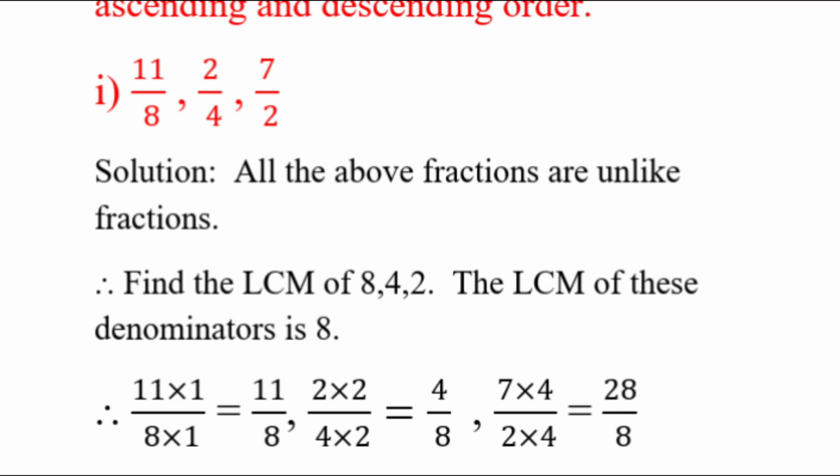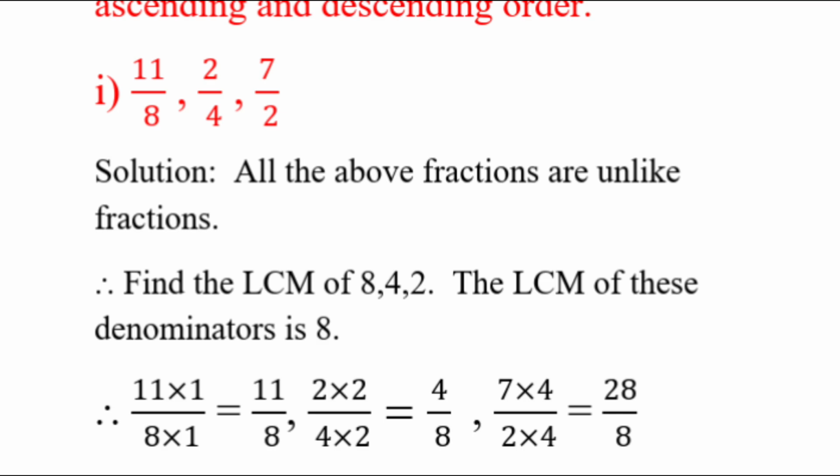In the third fraction, multiply the denominator, that is 2, by 4. Then we have 2 4s are 8, with the numerator also multiplied by 4. 7 4s are 28. Then we have the third fraction as 28 by 8. Now we have three fractions: 11 by 8, 4 by 8 and 28 by 8.